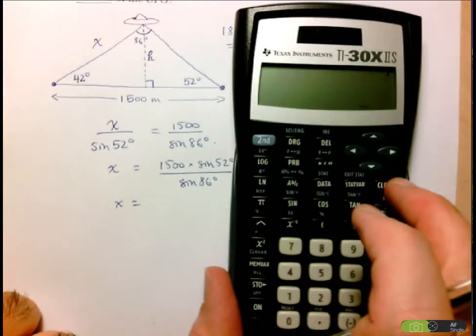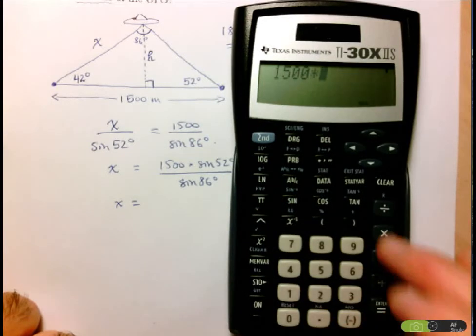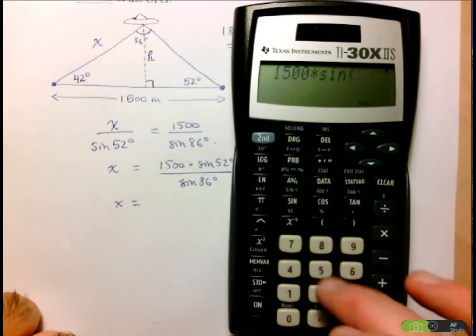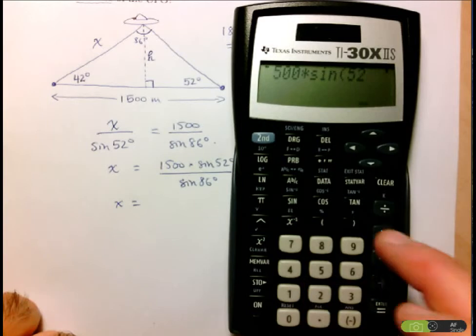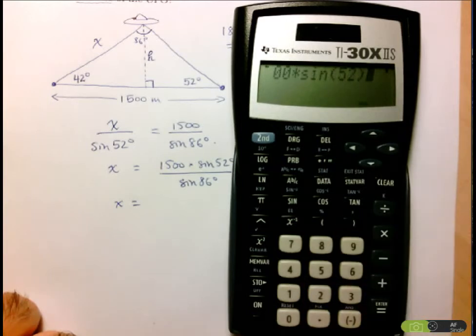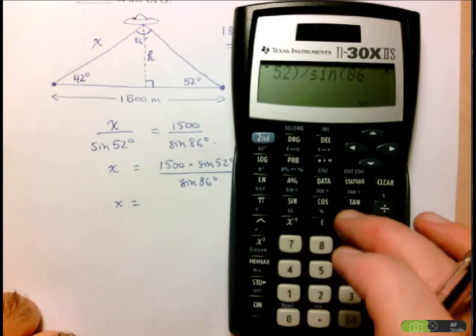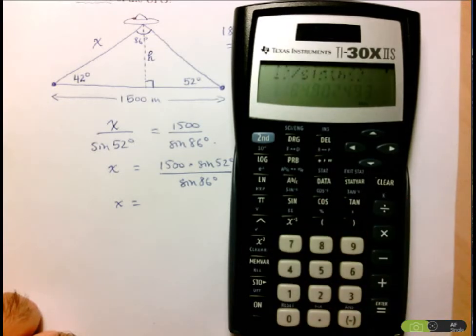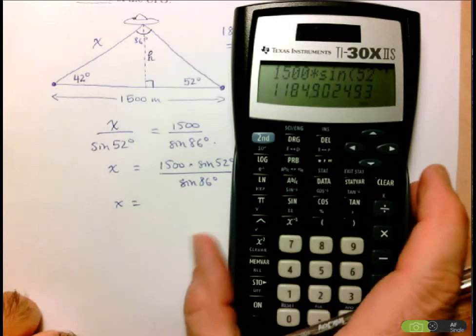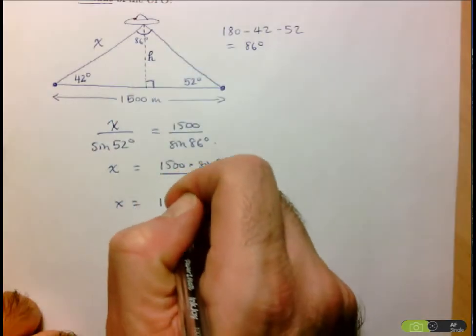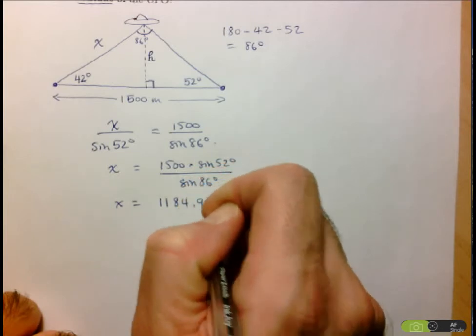We've got 1500 times sine of 52 degrees. It's important here to close off the bracket. And now I can do divided by sine of 86 degrees. We get 1184.9. So x is 1184.9.